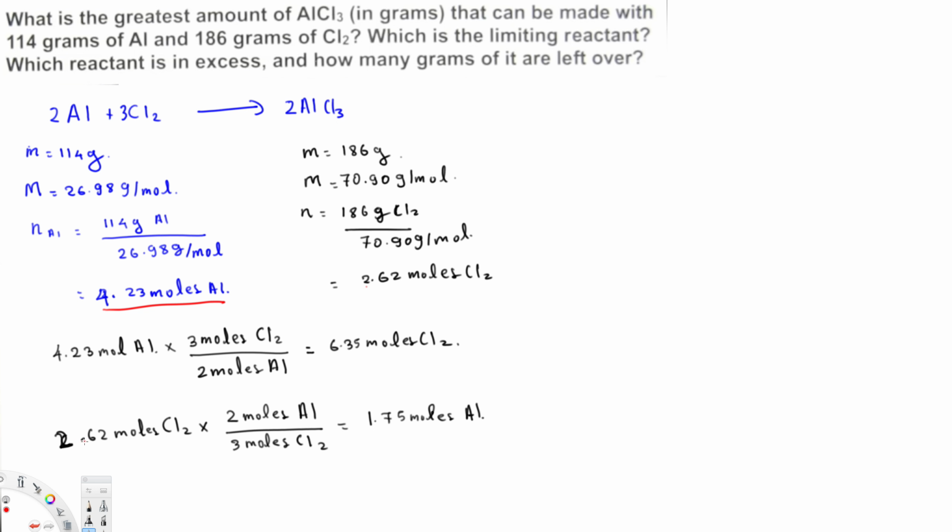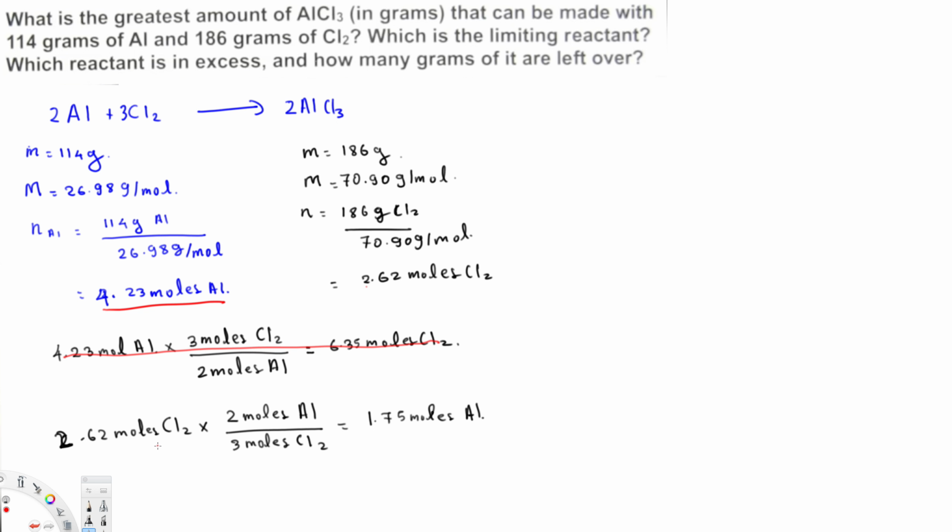We have 2.62 moles of Cl2. To finish this one, we need to have 1.75 moles of aluminium. Do we have that? Yes, we have that one too. So this one doesn't work because we don't have enough Cl2, but this one will work. So now we choose this one, and in this one we have to determine which one is going to finish first.